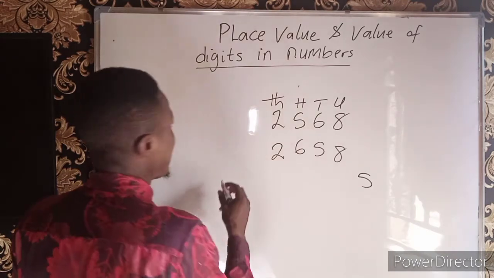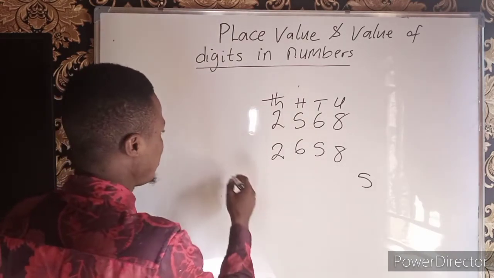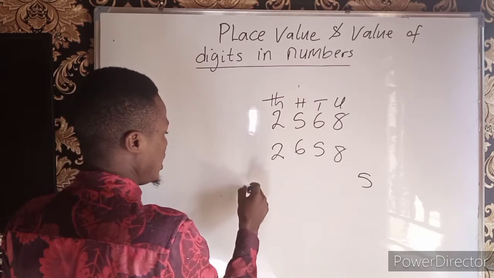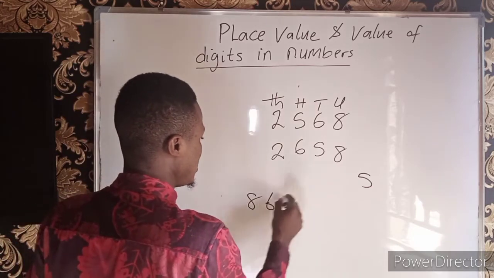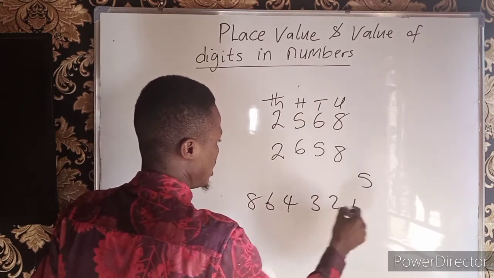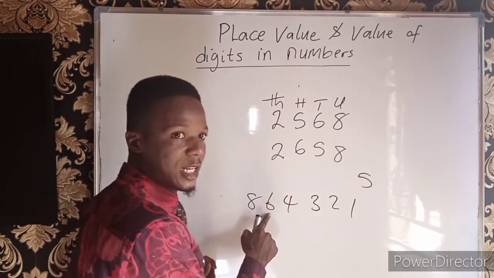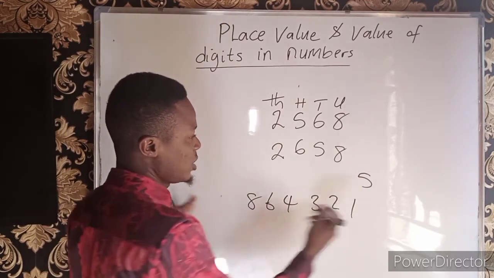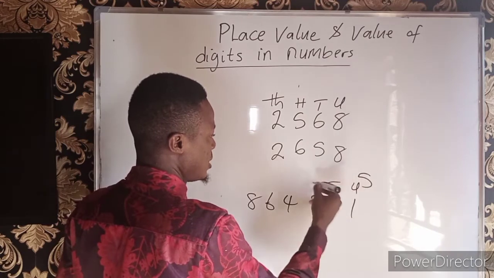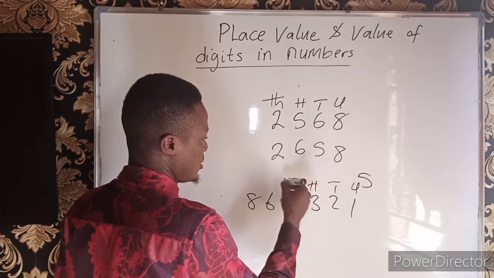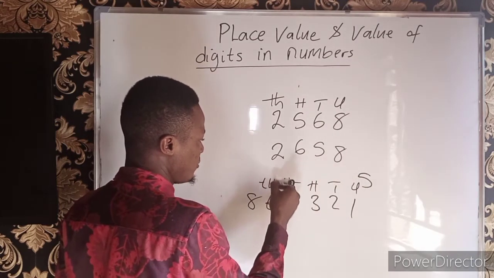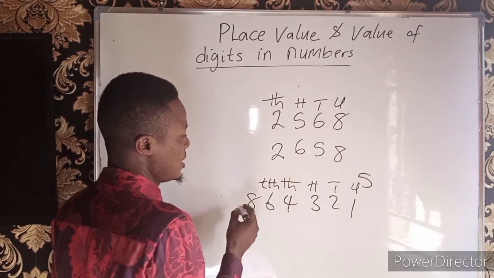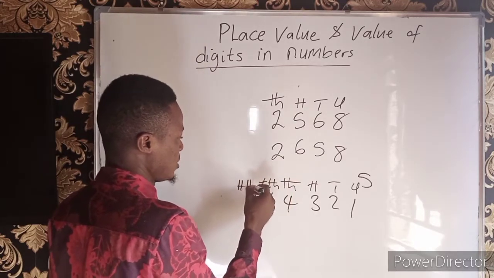So supposing I am asked to find the place value of 6 in this number, 86432. Just write unit, tens, hundred, thousand. Here is now tens of thousand, while here is now hundreds of thousand.